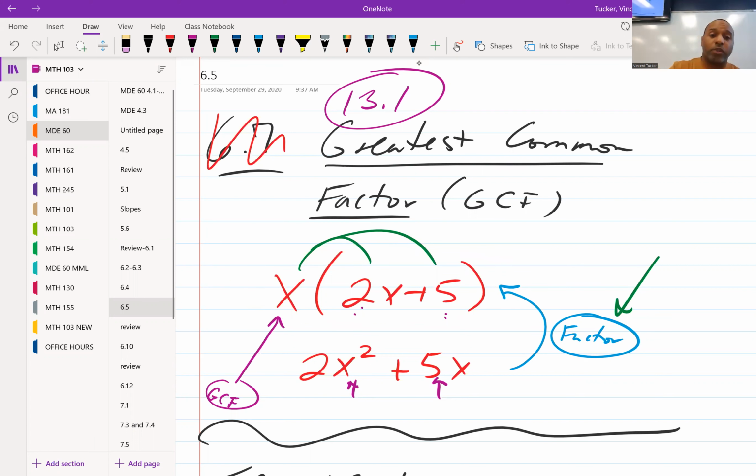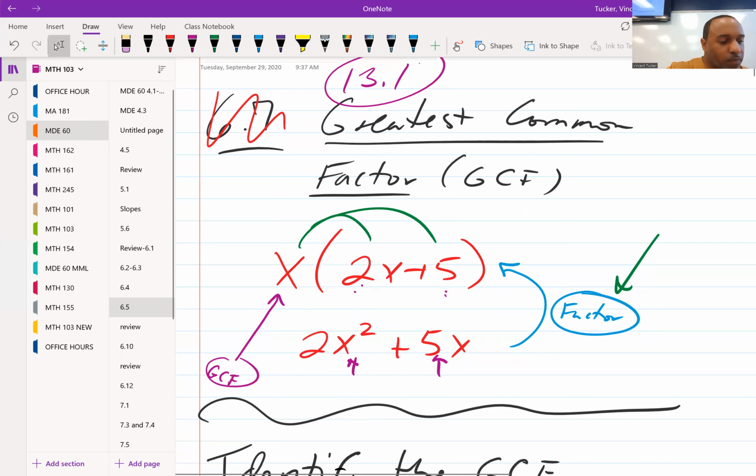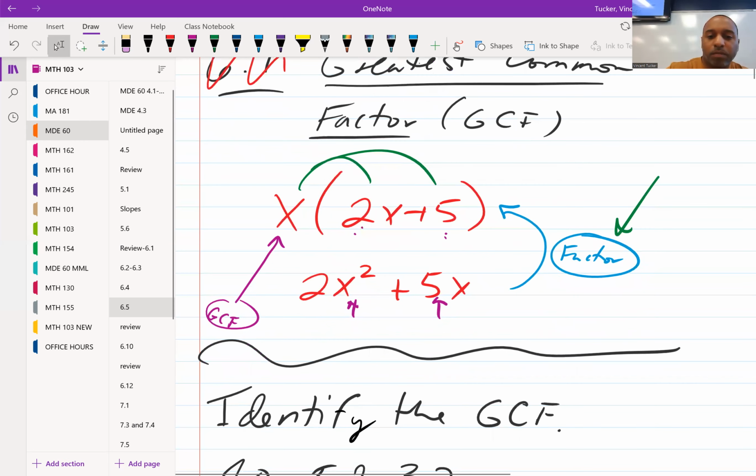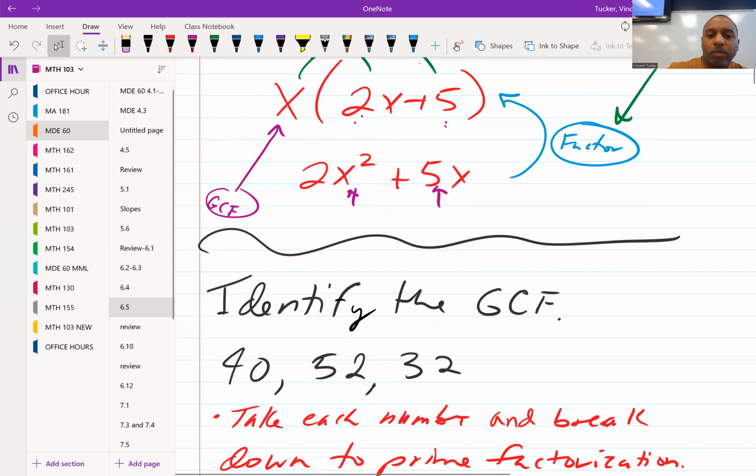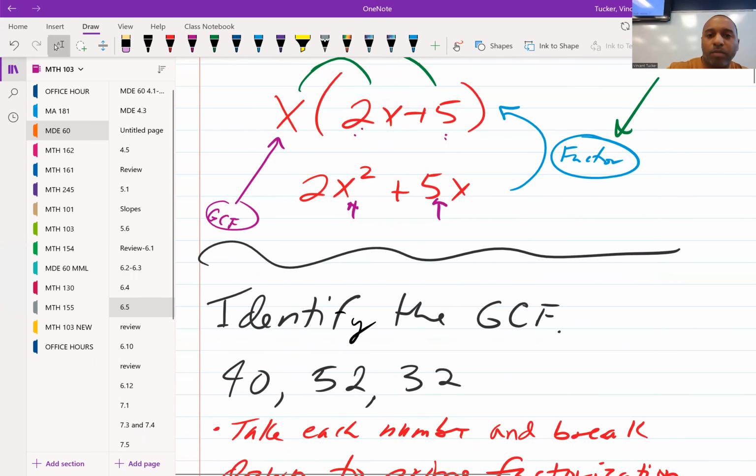And so your GCF, your greatest common factor, would be the x. So once again, it's the reversal process of multiplication. Anybody good with that before we scroll up?